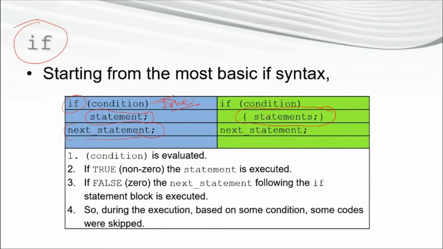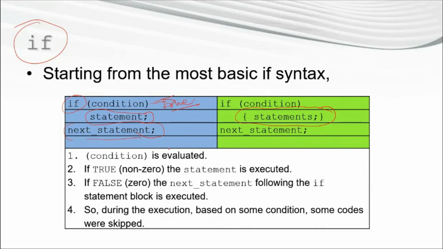But if there are multiple statements, more than one line, you have to put those lines of statements inside curly braces. Even if we don't put the lines of code inside the curly braces, only the first line of code will be executed if that particular condition is true, and all other statements will be executed in all cases.